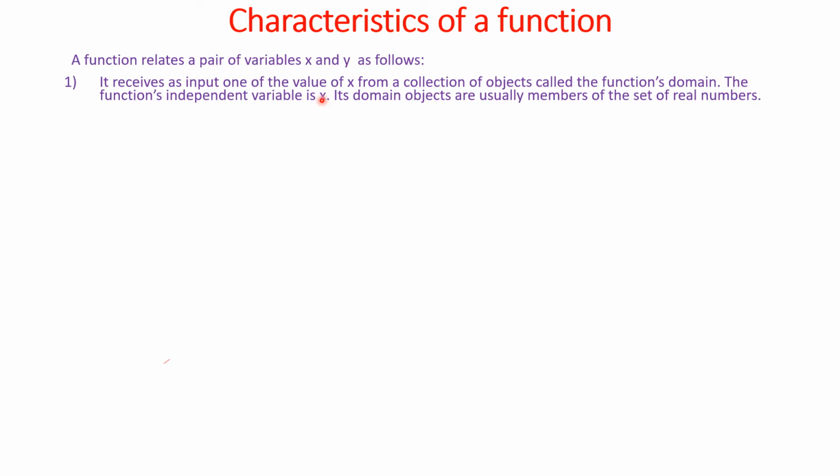That means x is the independent variable, so by default y will be the dependent variable because there is a relationship between x and y. The function's domain objects are usually members of the set of the real numbers, but not all the time, but usually.